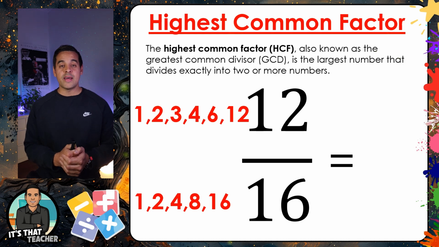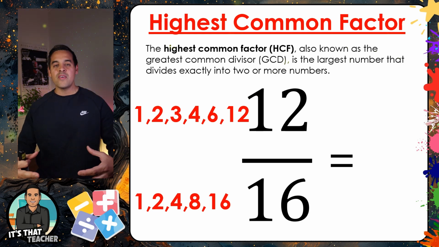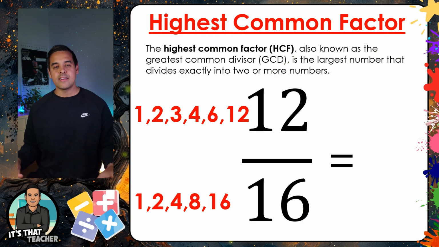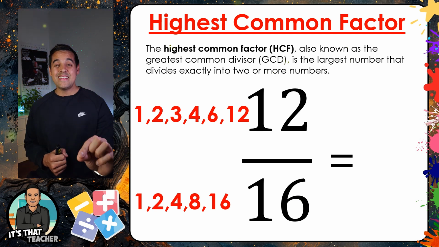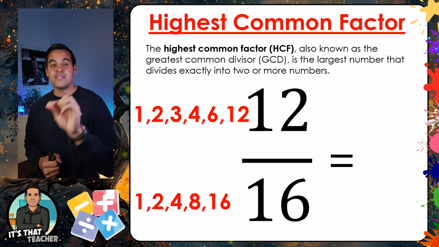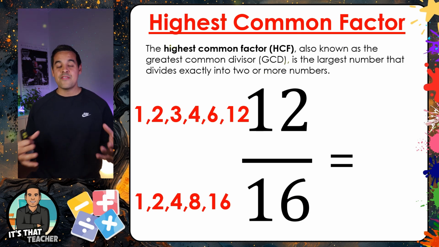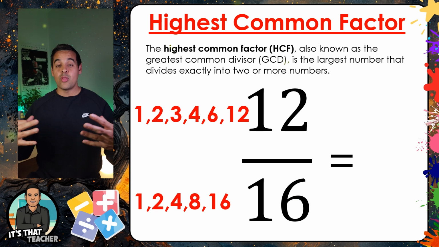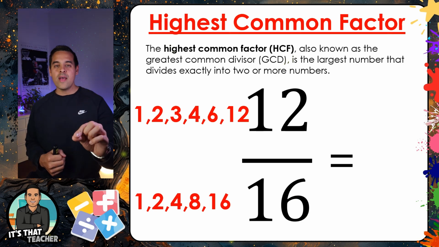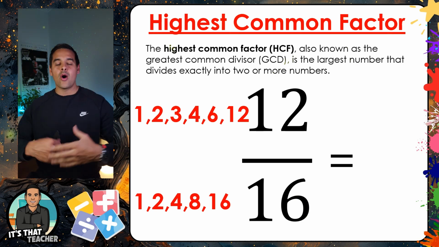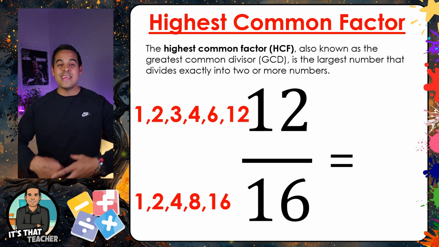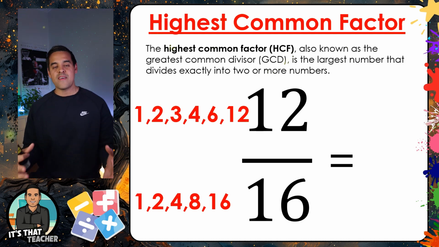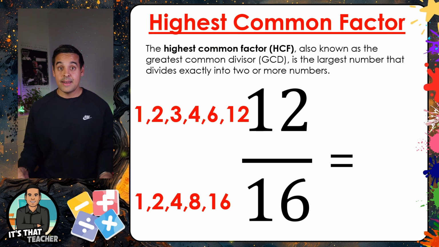Just a quick side note, the number itself is always a factor. So as you can see, 16 is a factor of 16 and 12 is a factor of 12. The same thing can be said about 1. 1 is always going to be a factor of a whole number, and the number itself is always going to be a factor of the number.